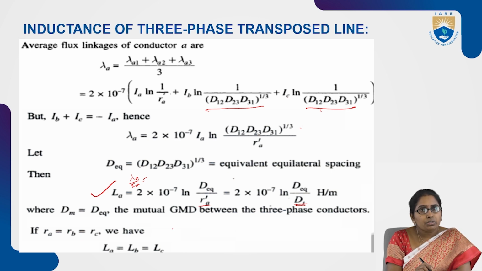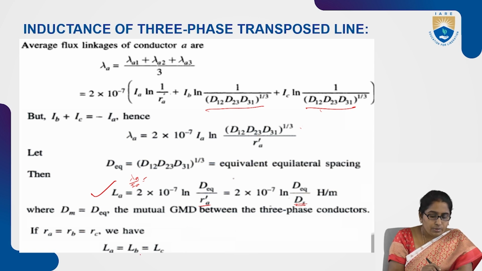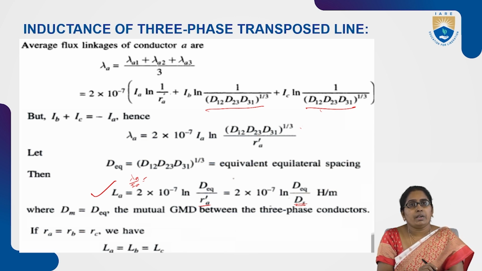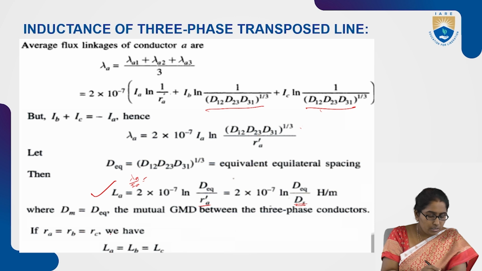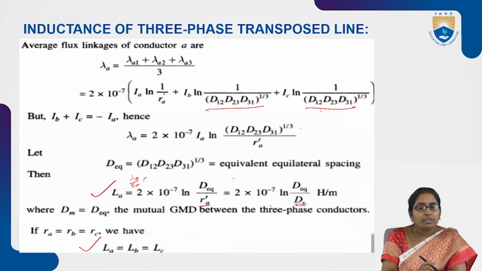So this is the mutual GMD between the three conductors in the three-phase line. Now, if Ra is equal to Rb is equal to Rc, that means the three conductors of the three-phase line have the same radius, then the inductance expressions are also the same: La is equal to Lb is equal to Lc. This is the expression for inductance of a three-phase line with transposition.